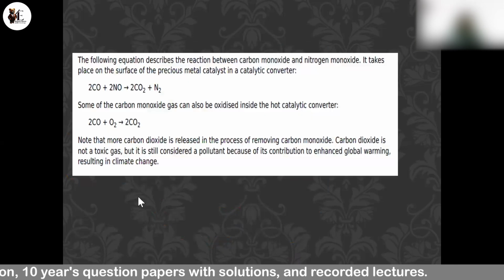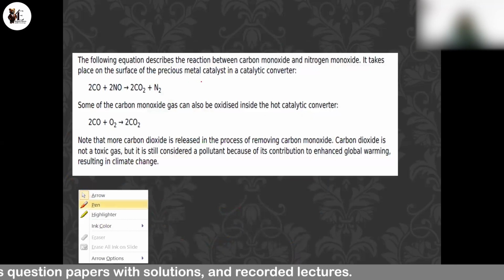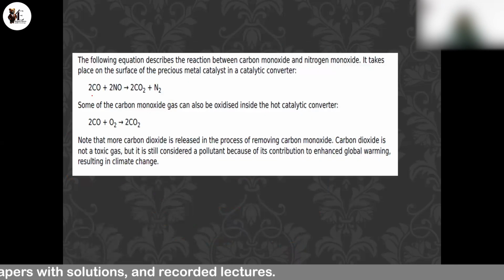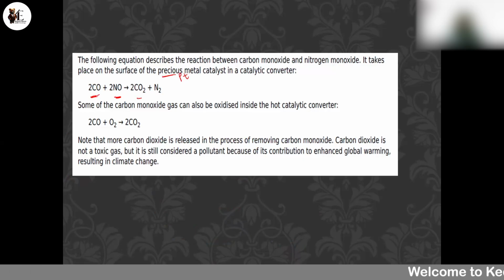So these are the reactions. The following equation describes the reaction between carbon monoxide and nitrogen monoxide. It takes place on the surface of which metal? Platinum metal, in a catalytic converter. Carbon monoxide is oxidized to carbon dioxide, and nitrogen monoxide is reduced to nitrogen.